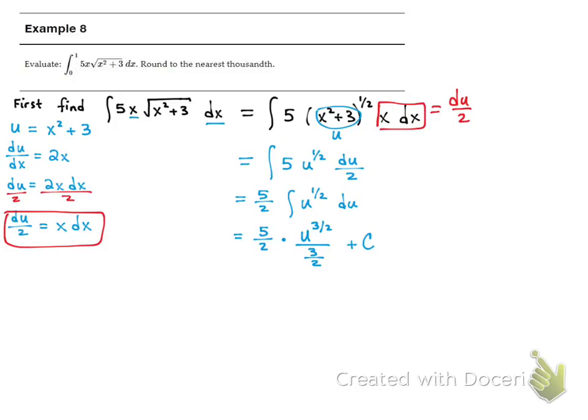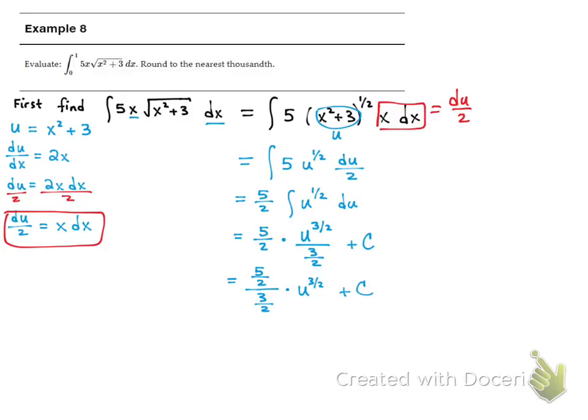Now I just need to simplify this expression a little bit. Basically what I have is 5/2 divided by 3/2 times u to the 3/2 power plus c. So I just need to simplify this complex fraction. Of course I can simplify the complex fraction by skip, flip, multiply, or keep, change, flip, whichever one you call it. So that's how I can calculate these complex fractions.